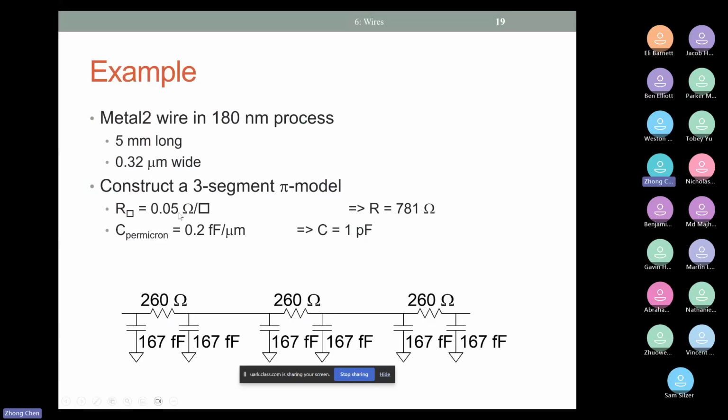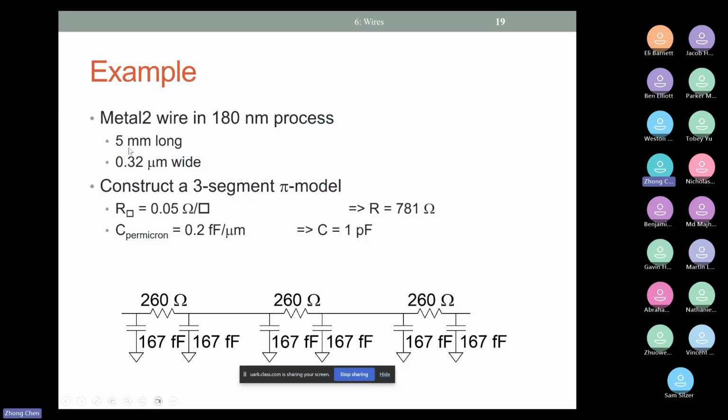This value is given. If you use metal 2 in the 180 nanometer process, the sheet resistance for metal 2 is 0.05 ohm per square. So this is a per-square sheet resistance.